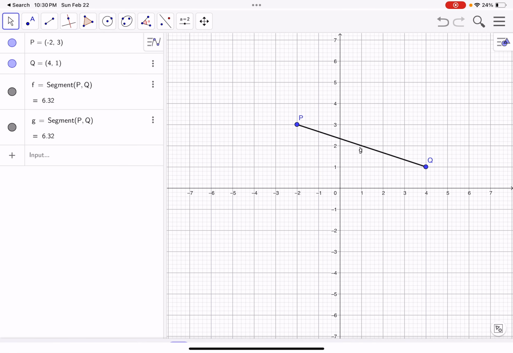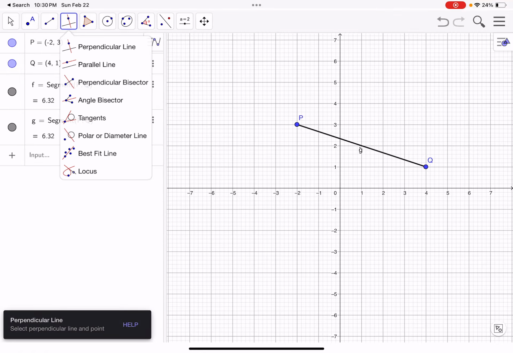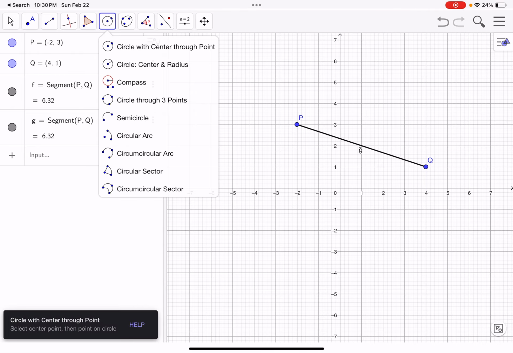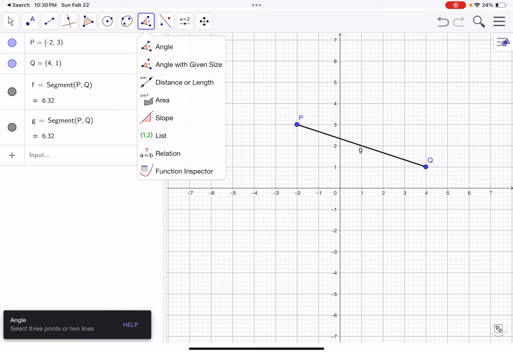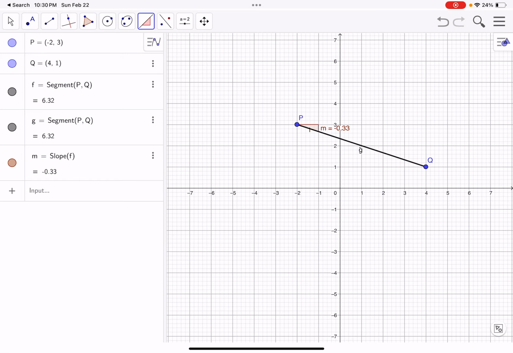Okay. So I need to find the line that's going to have opposite reciprocal slope to this one, which if you were to count the boxes, you could see what the slope is. Actually, it'll tell us. That has a slope of -0.3 repeating, which is -1/3. And then I need to find the midpoint, which we already did.